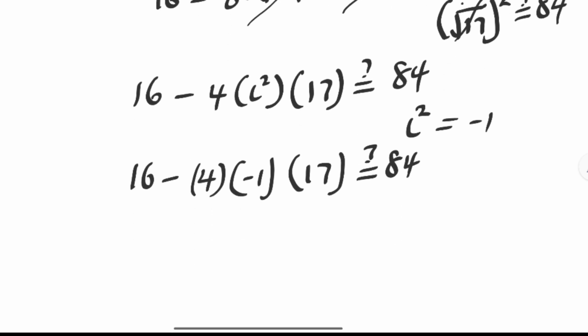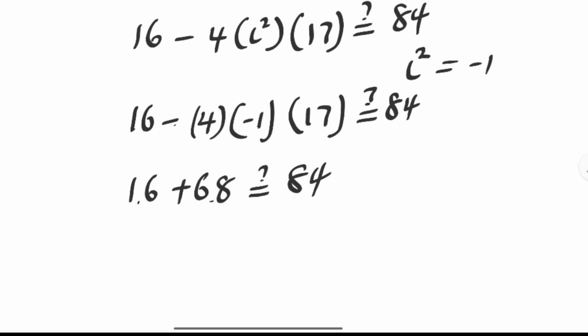Yes, minus 4 times minus 1 times 17, that is 68. And here will be positive 16. Then must be equal to 84. 16 plus 68, that is 84, is equal to 84, which is true.